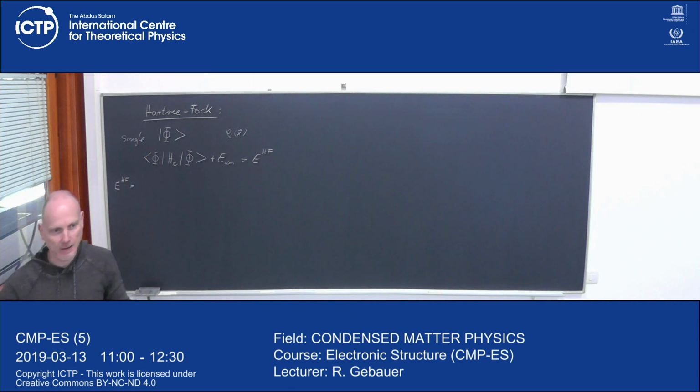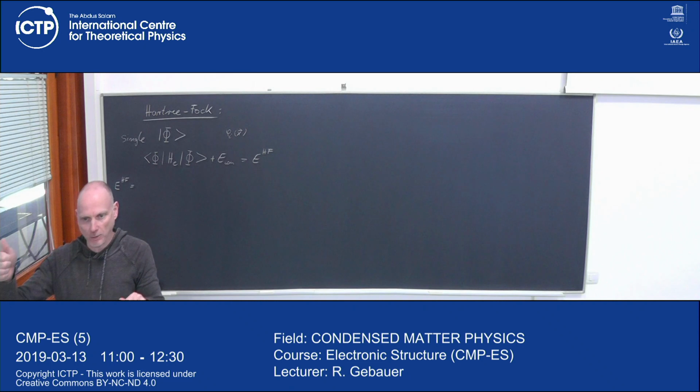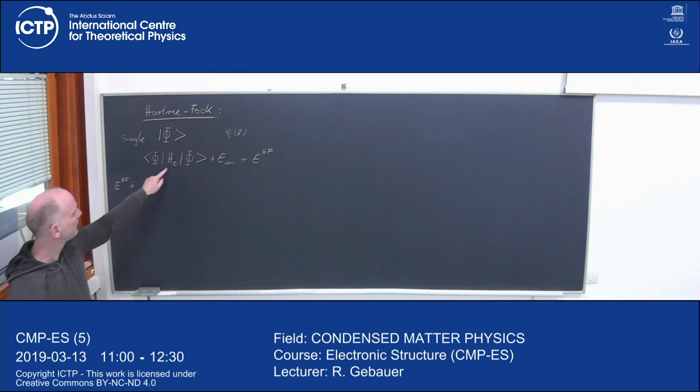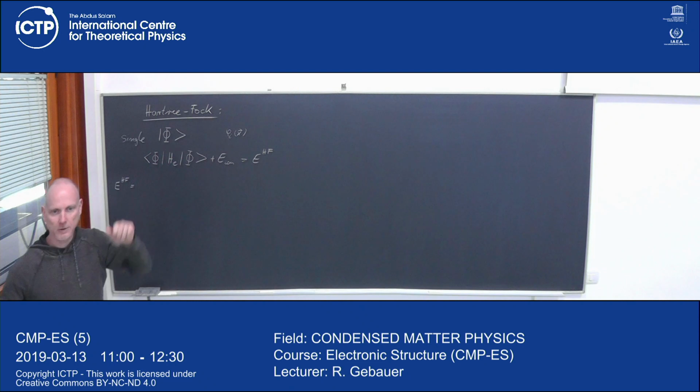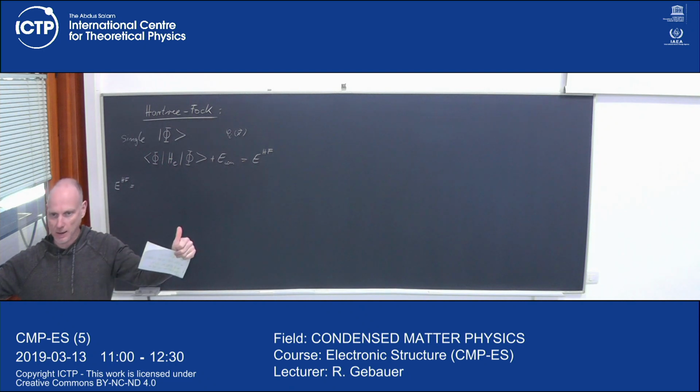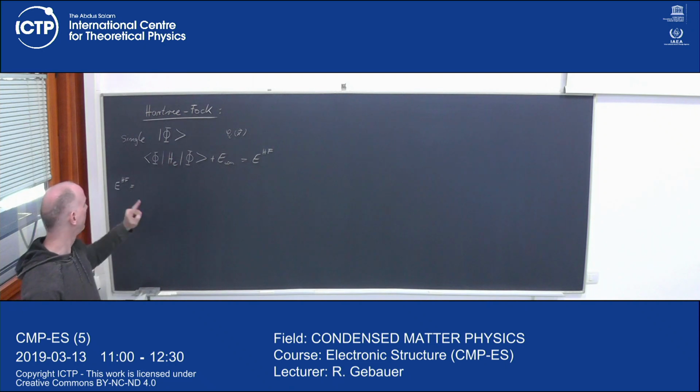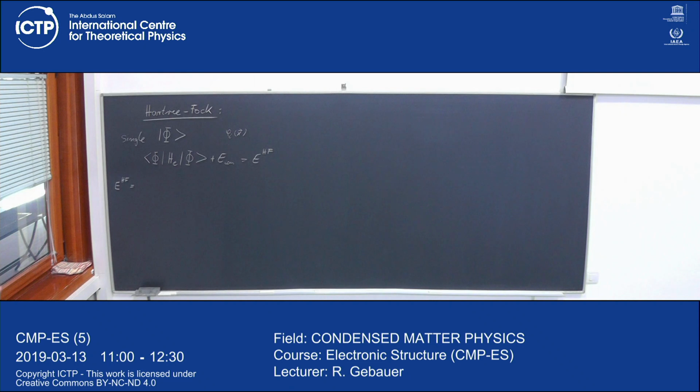Single particle in the sense that electronic coordinates appear only of one electron at a time. This is why it's called single particle. And then this Hamiltonian has a two-body part, which is the Coulomb interaction, 1 over the distance between r1 minus r2, which is a two-body term. And correspondingly, we have different parts in the Hamiltonian.